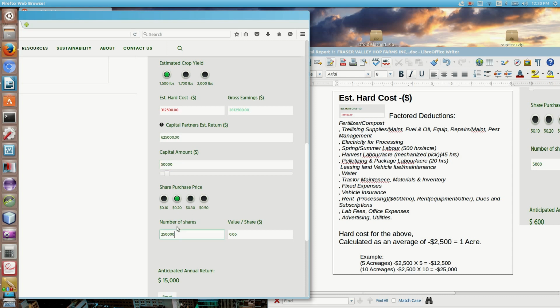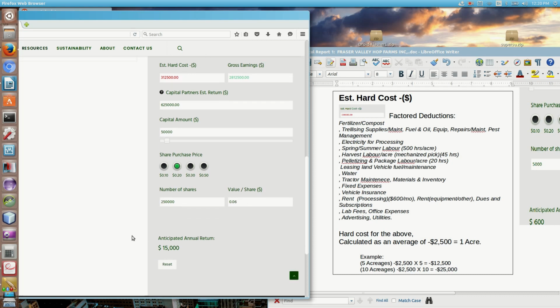At these levels, we've got 50,000 put in here, and then we've got the number of shares at 250,000. The actual share value is calculated by taking the total capital amount, which is this figure here, divided by the total number of shares, which is 10 million, and that gives us our value per share. The value per share multiplied by the number of shares gives you the annual anticipated return.